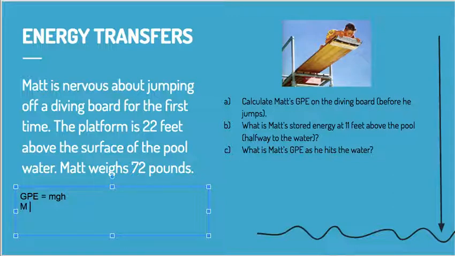We know the mass is 32.73 kilograms, which we just converted. Leave this as a lowercase m. We know gravity is constant on Earth, 9.8 meters per second squared. And we know the initial height is, let's look back, 6.67 meters.